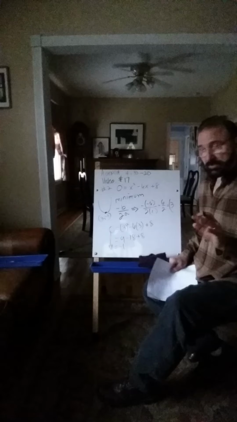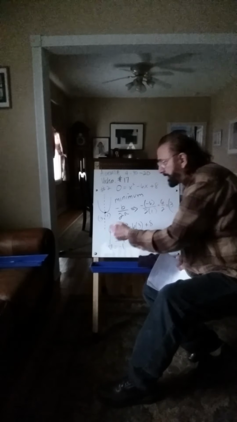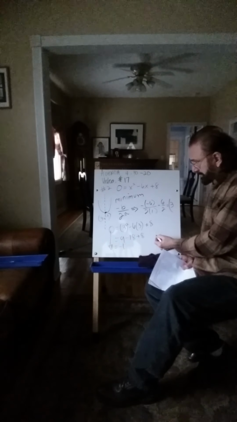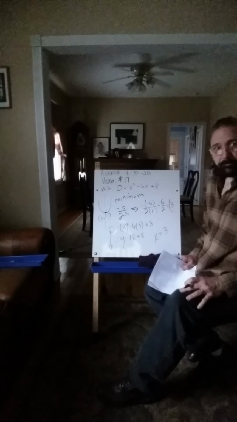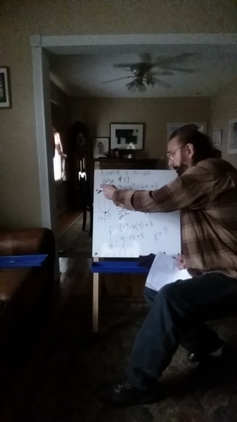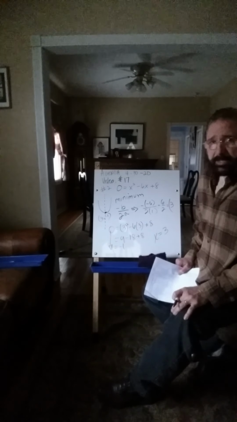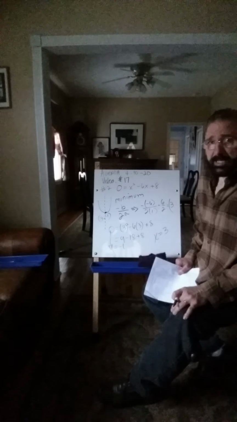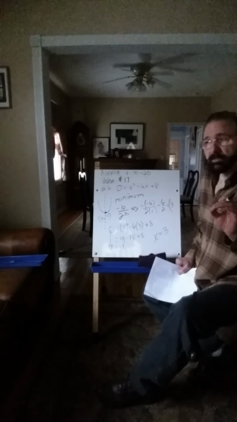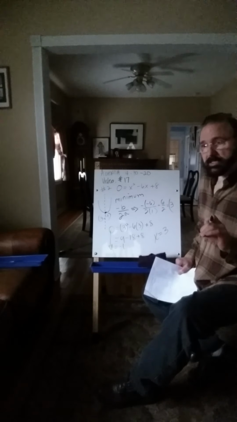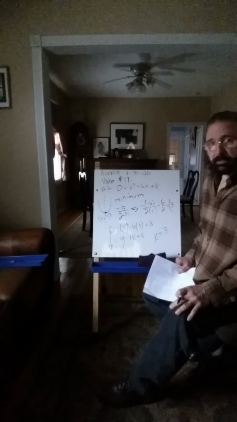A line going through here is x equals 3, because going down that dotted line, x is always 3 no matter what y is. So x equals 3 is the equation for the line of symmetry.